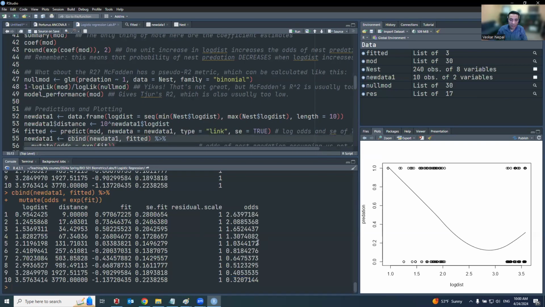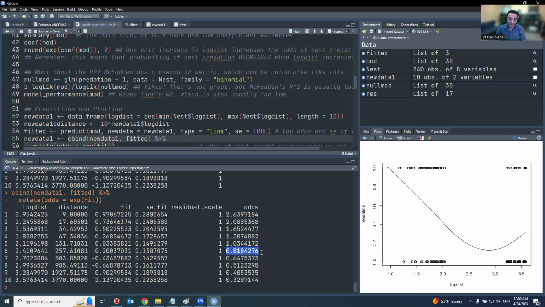Remember that odds more than 1, so anything above 131 meters, I guess, anything above this means that the probability of predation happening is more than 50%. There's a pretty high chance of predation happening, more than 50-50, right? More chance of predation occurring than not occurring.